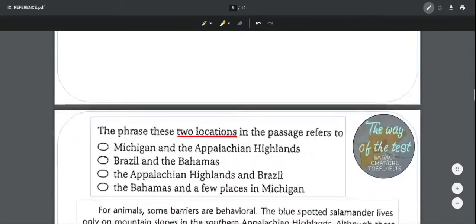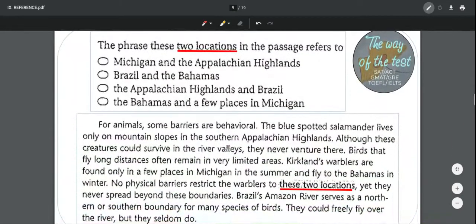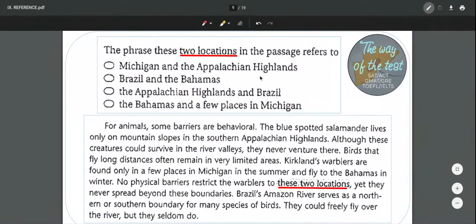Okay, we're going to do some practice now. I'm going to give you one full minute to solve this question. Remember, read the question first, then go to the text. And in these cases, we're looking for what the phrase two locations is referring to.